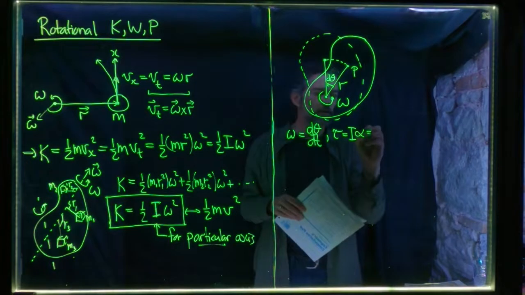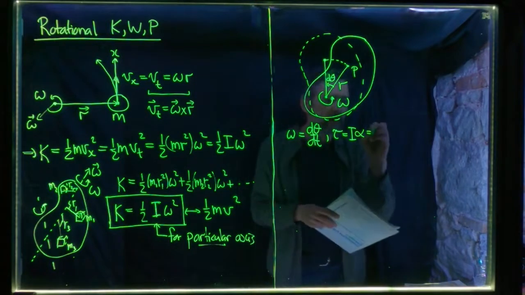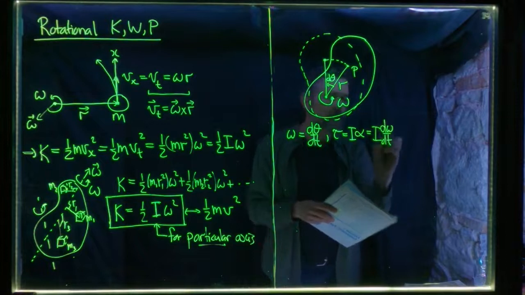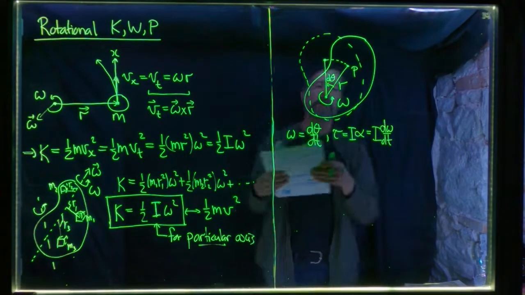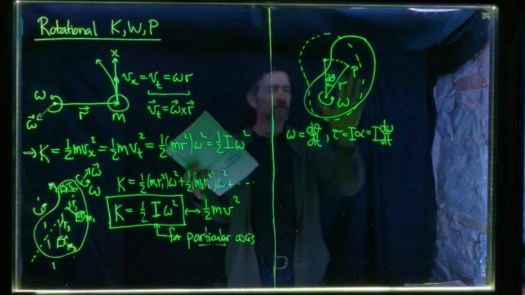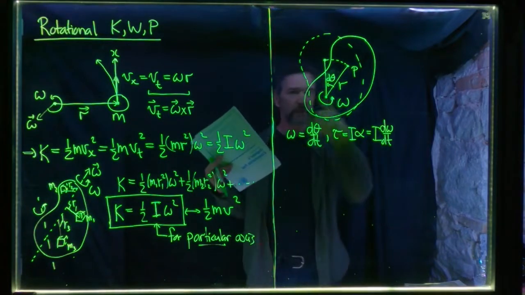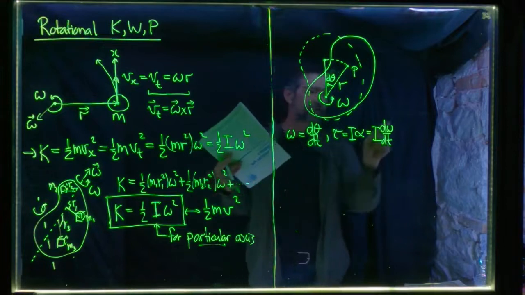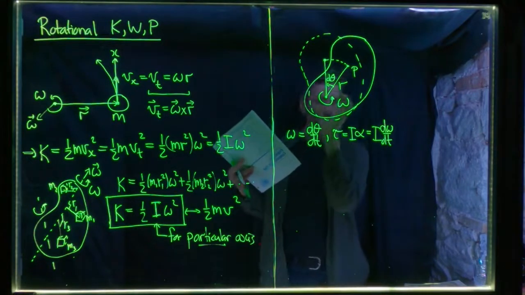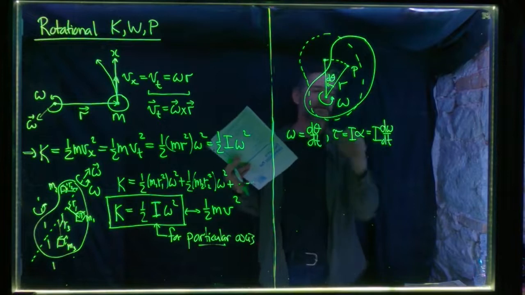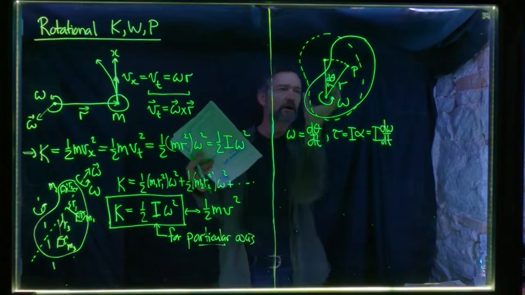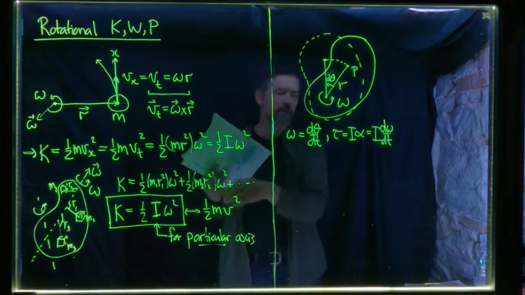Alpha is d omega dt. So if this guy is rotating with some angular velocity already, and we apply a twisting force, we're going to increase the angular velocity. So d omega dt, alpha, will be counterclockwise. There'll be some counterclockwise acceleration caused by a counterclockwise torque that we are applying.